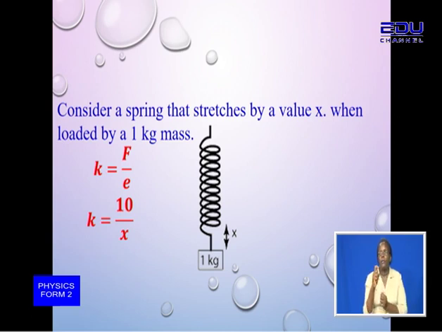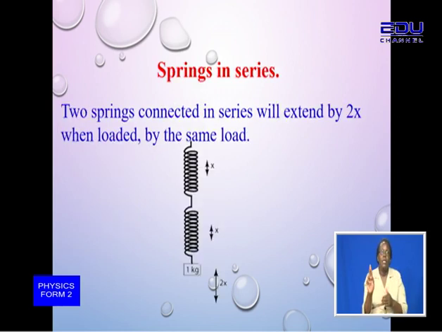Now, supposing there were two springs arranged in series instead of just having one. All right. So we have the two springs, and as we had mentioned earlier, each of these two springs will stretch by the same amount.